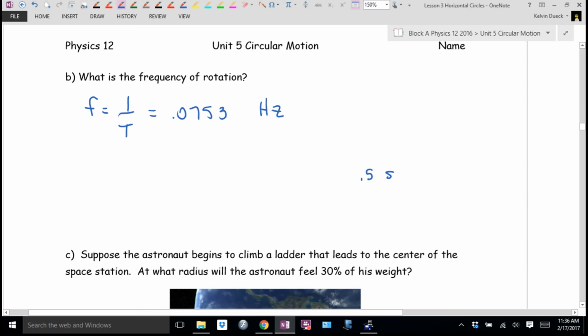That means every second you rotate twice. Your frequency is 2 hertz. Hertz is how many times per second. Period is how many seconds per once. Period is how long it takes to go around once. Hertz is how many times you'll go around in 1 second. Which is why they're reciprocals of each other, because their units are inverses of each other.